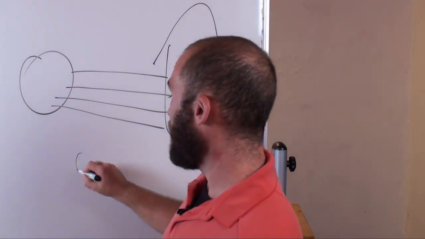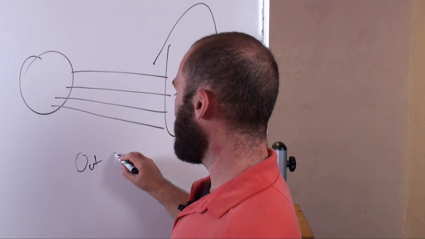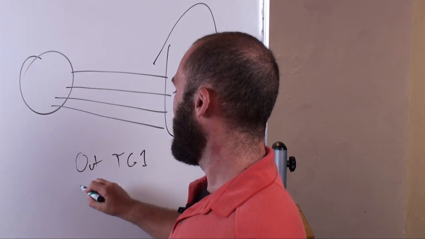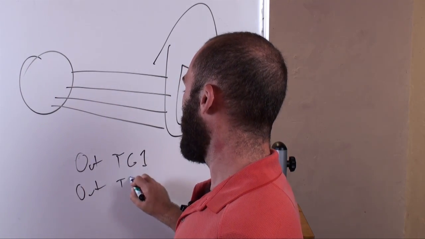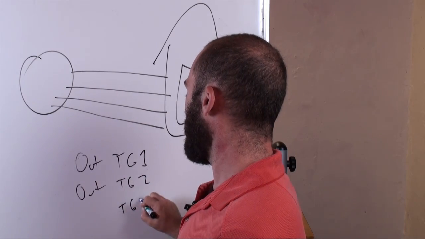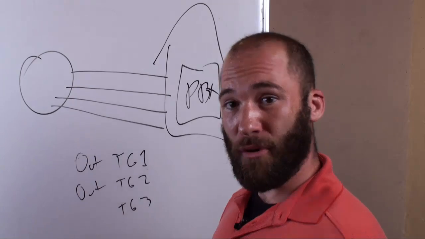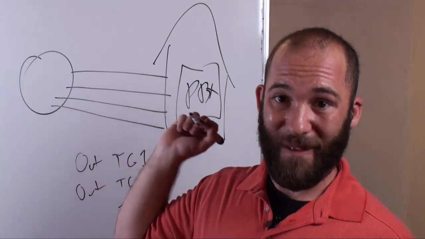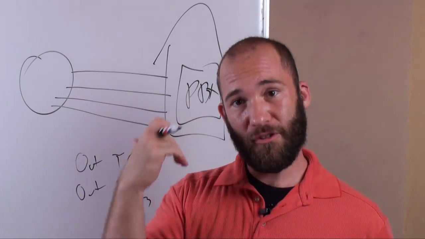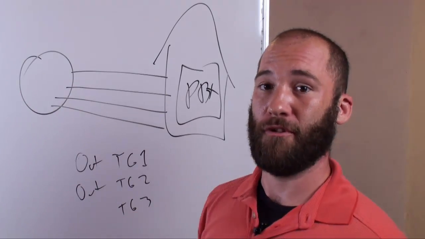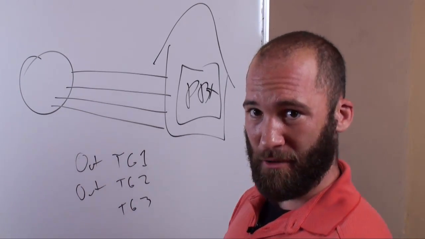So you can have outgoing trunk group 1, outgoing trunk group 2, trunk group 3, etc. And actually these trunk groups are more important when you're talking about calling out. So you have incoming trunk groups and you have outgoing trunk groups. Most of the time these are separated.